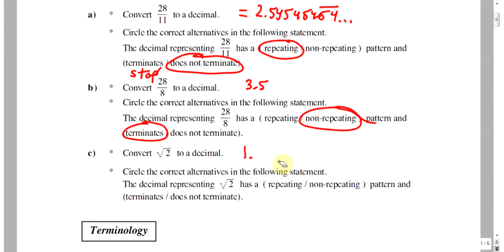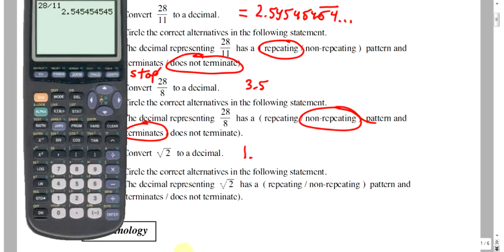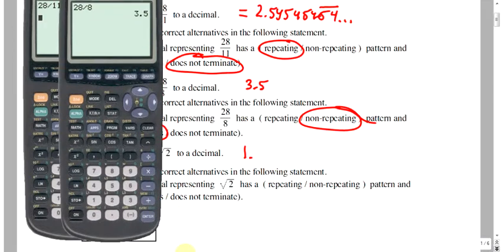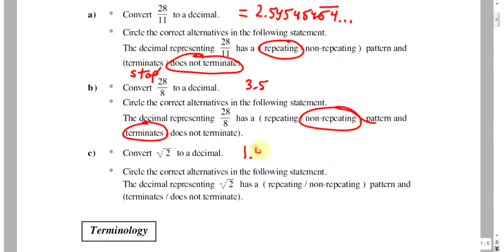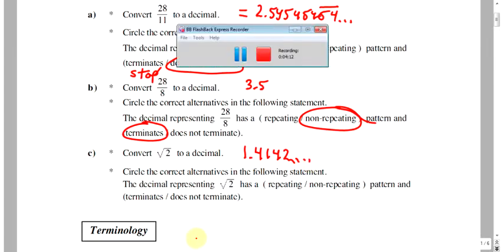1 point. This thing's not being very nice. 4142, okay? And other stuff. Dot, dot, dot. Let me get rid of these.